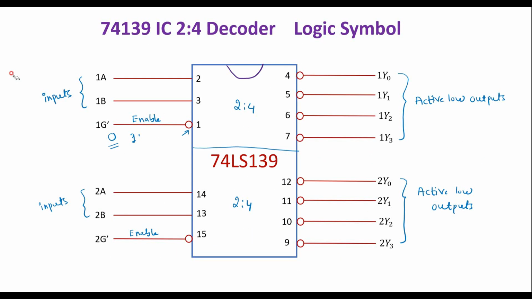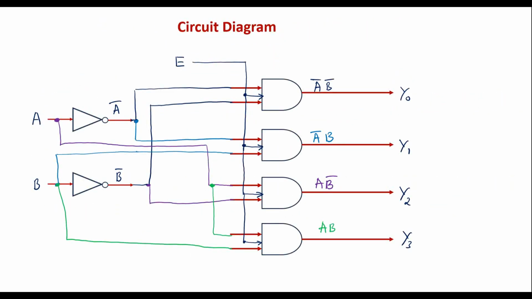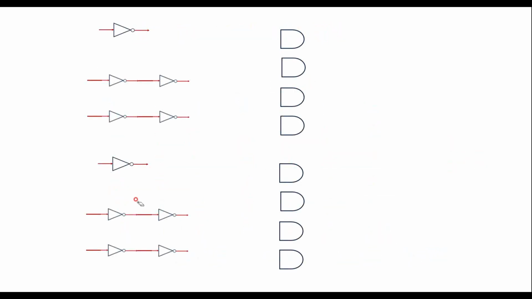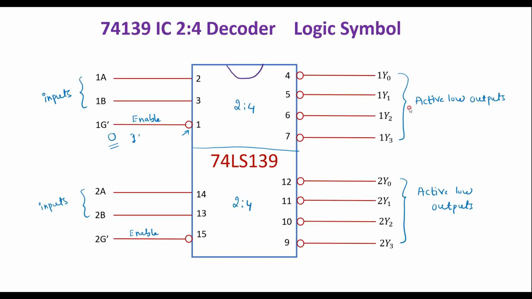According to this logic symbol, we have 1A, 1B, 1G dash. Let this be 1G dash, 1A input, 1B input, and the outputs here are 1Y0, 1Y1, 1Y2, 1Y3, active low outputs.